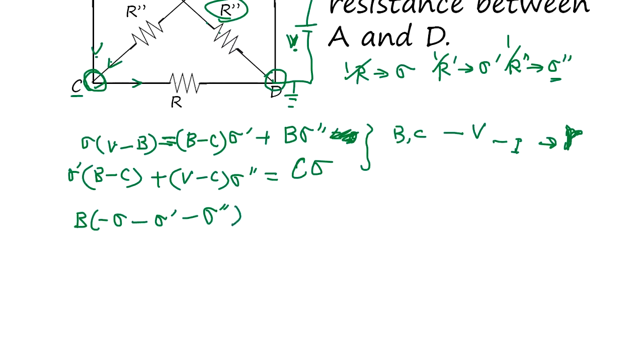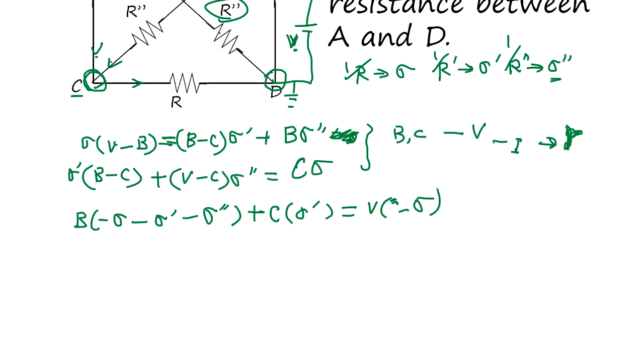And plus C, we concentrate on C, which is sigma prime, okay, equals V minus sigma. That's it, right?